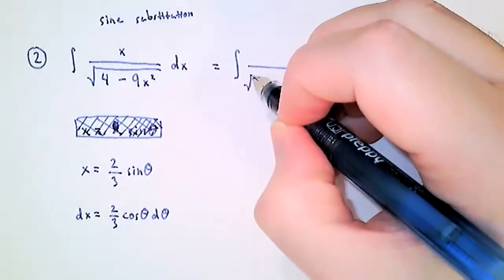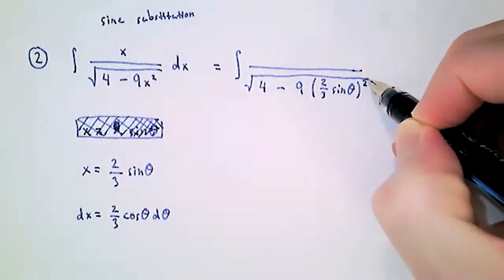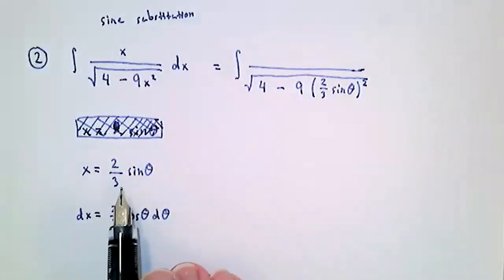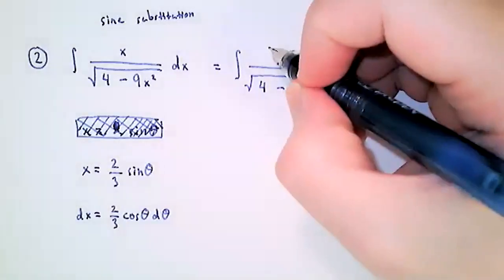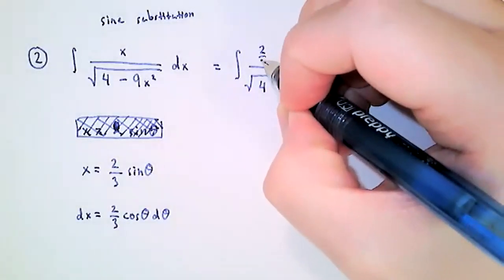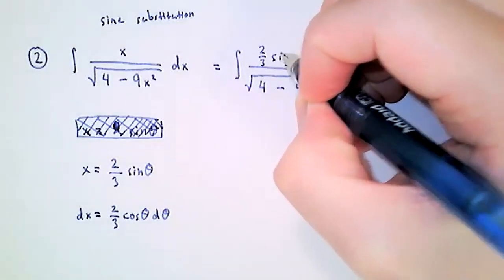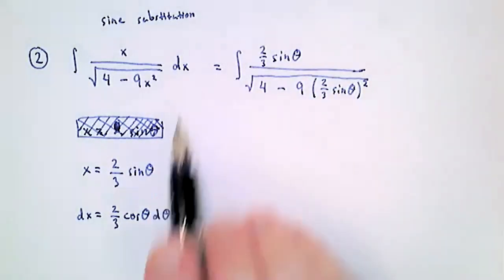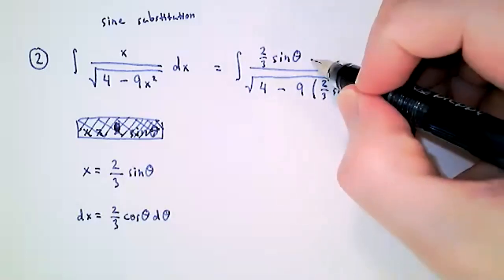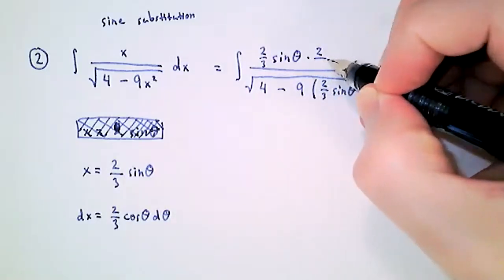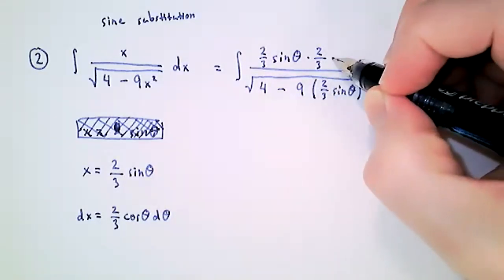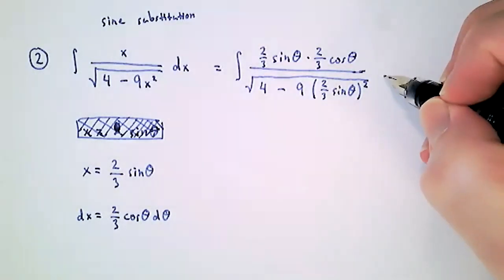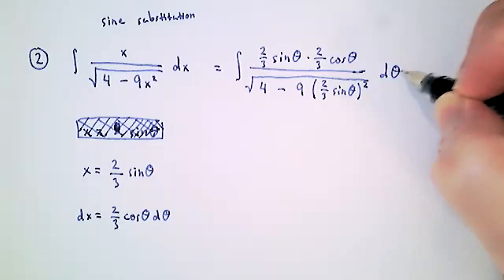And that's all underneath the square root. And then x becomes 2/3 sine theta. And then dx becomes 2/3 cosine theta. And we need a d theta now, since we have a new variable.